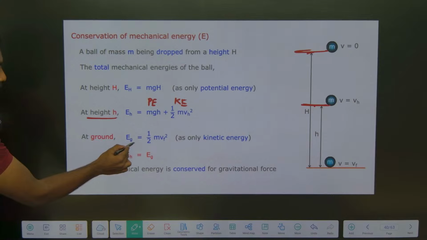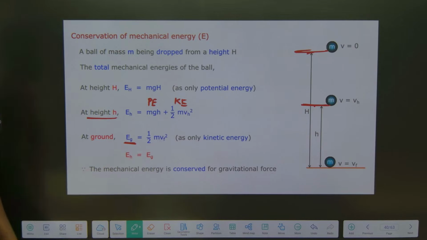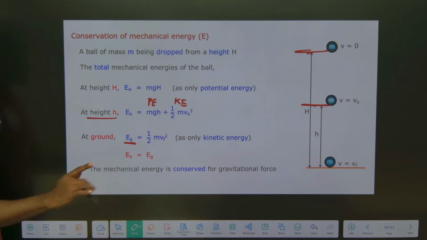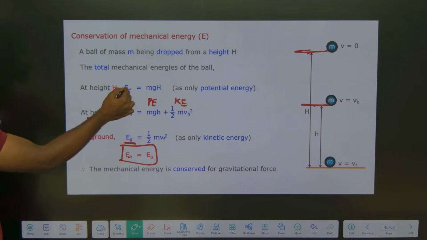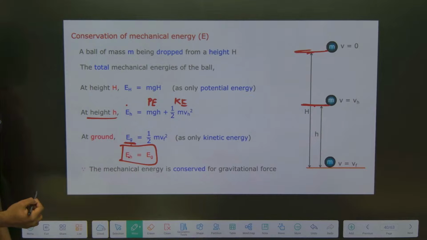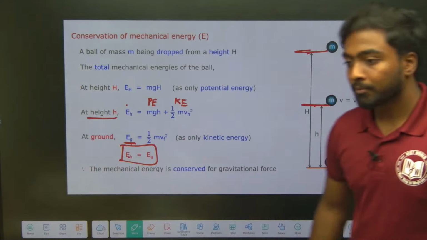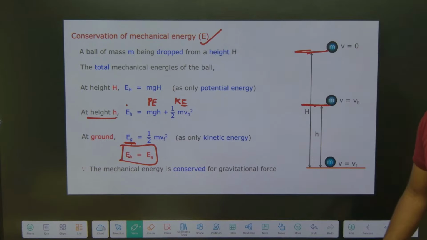And at ground level the energy is (1/2) m v final square, only kinetic energy. So everything should be equal if it is conserved, so I can equate them, E_A and E_B, and get the value of the unknown things. Here we are doing only the conservation of mechanical energy.